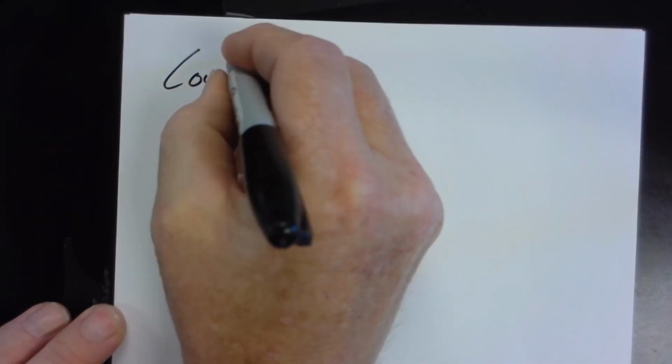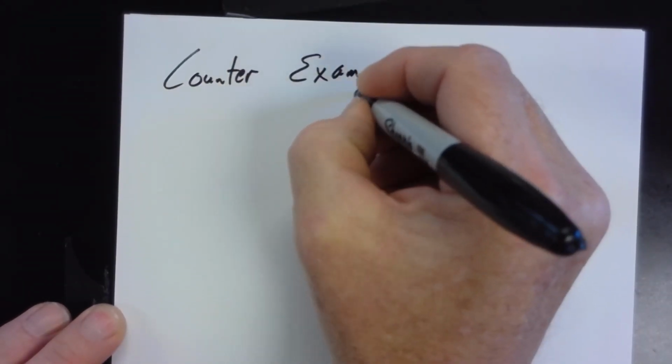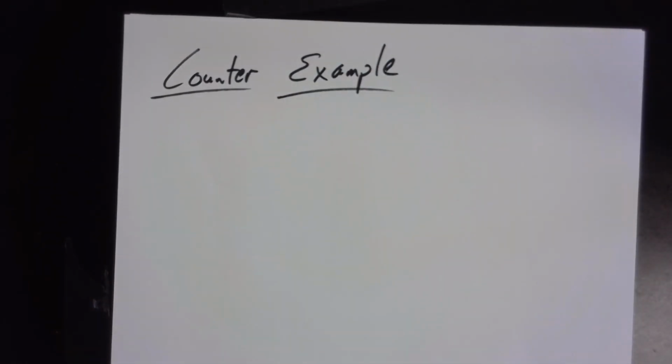And what do we call that one example that shows it doesn't work? So I used that word yesterday. I didn't ask you to remember it or anything, but a counterexample. So if we can show a counterexample, then we can say, okay, that doesn't work.